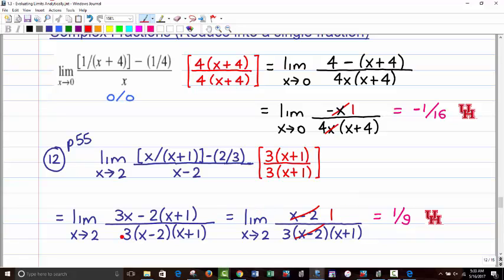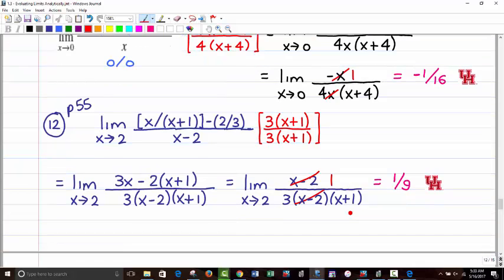And then on the bottom, you leave it, just don't multiply the bottom part out. Leave it as individual pieces multiplied together because we always want to cancel something. Makes it easier. X minus 2 is now canceled. Perfect. Leaves a 1. Then you put in the 2, you get 3 times 3, so you get 1/9.